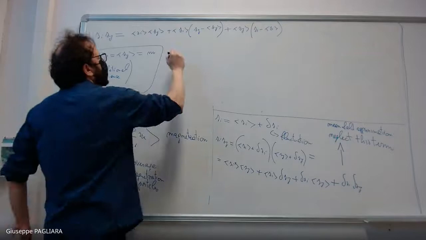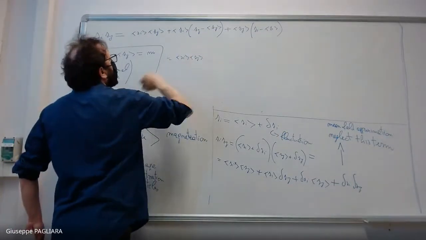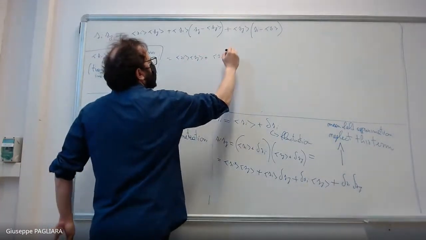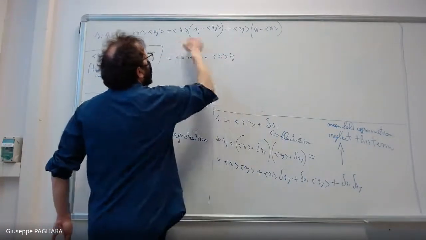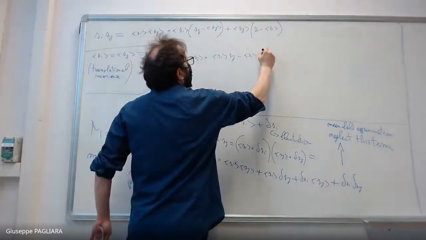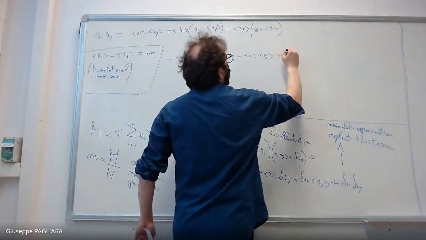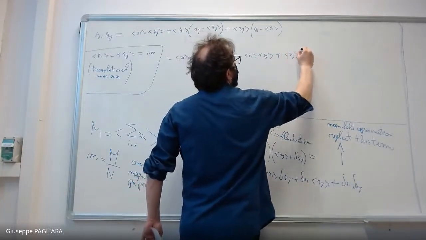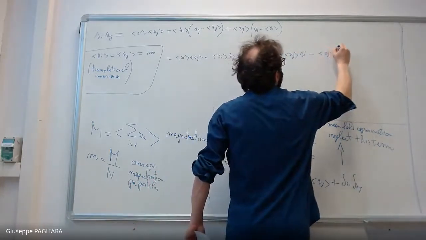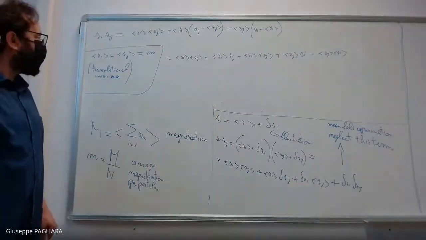So this is just now the average of Si times Sj, plus the average of Si times Sj, this minus the average of Si times the average of Sj, this plus the average of Sj times Si minus the average of Sj times the average of Si. Now this term drops.